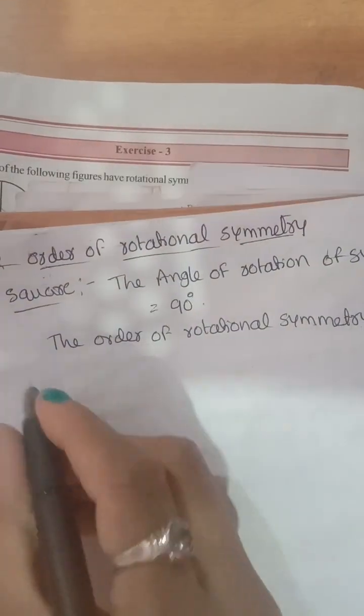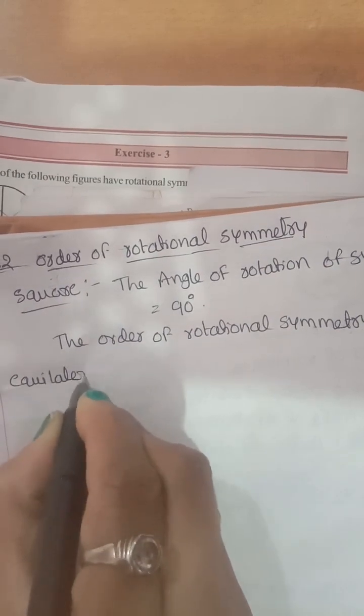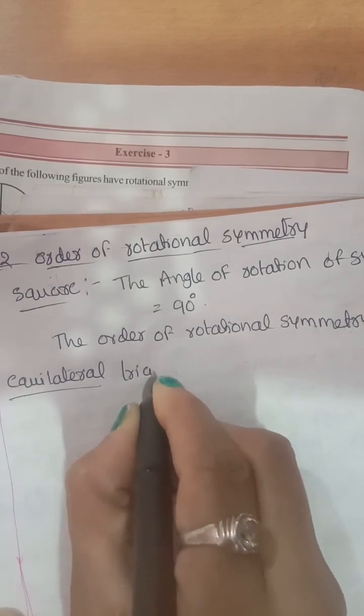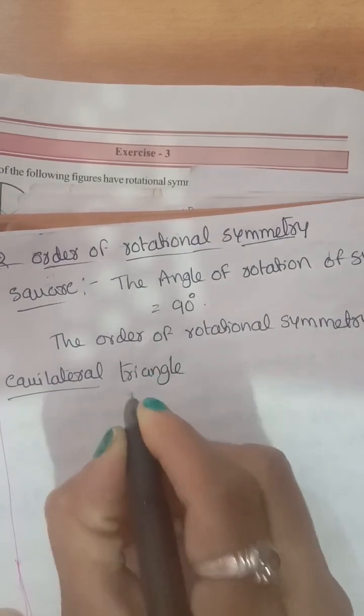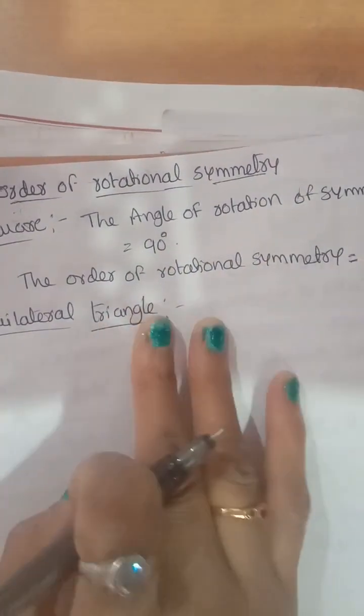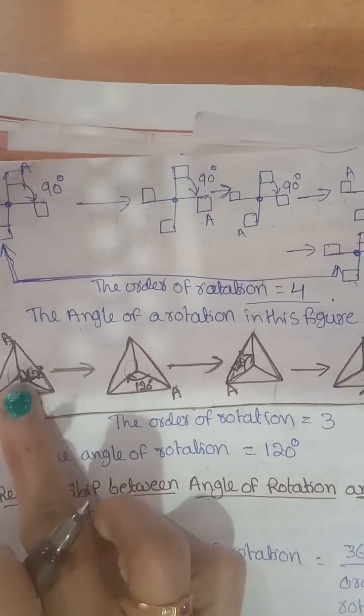Another example is the equilateral triangle. The angle of rotational symmetry in an equilateral triangle is 120 degrees. In your previous class, it is over, 120 degrees. Okay?